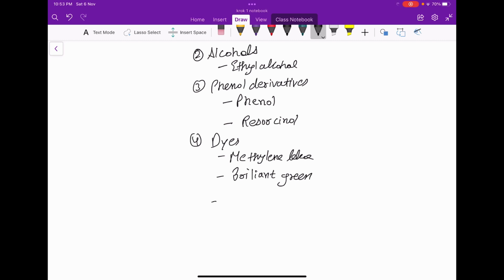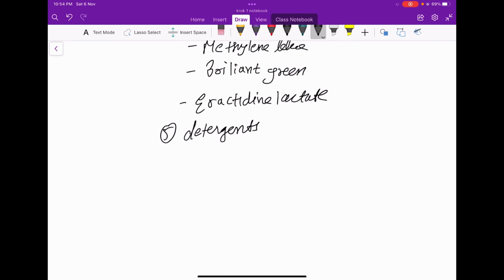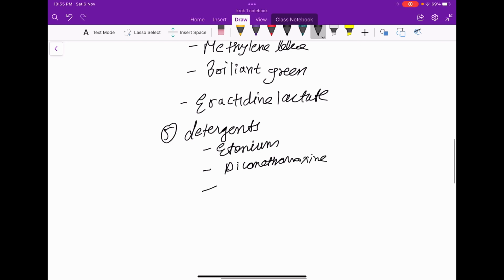And the third one is ethacridine lactate. Thereafter, guys, after the dyes we have detergents. In this we have etonium, second one is decamethoxin, third one is pyromazine.